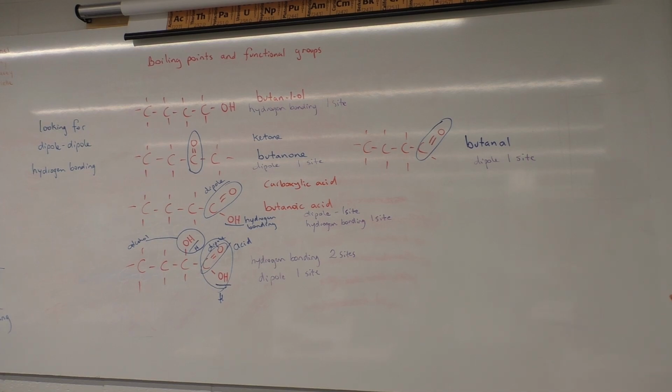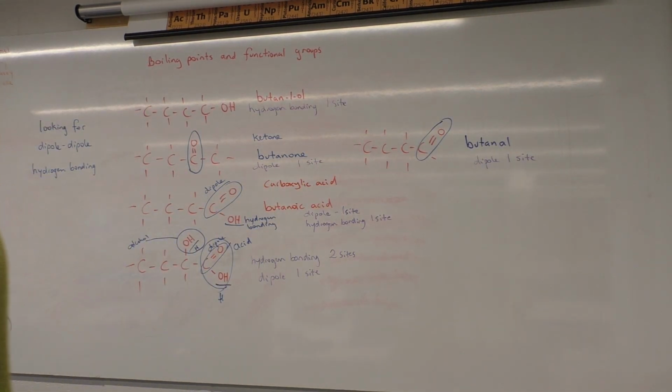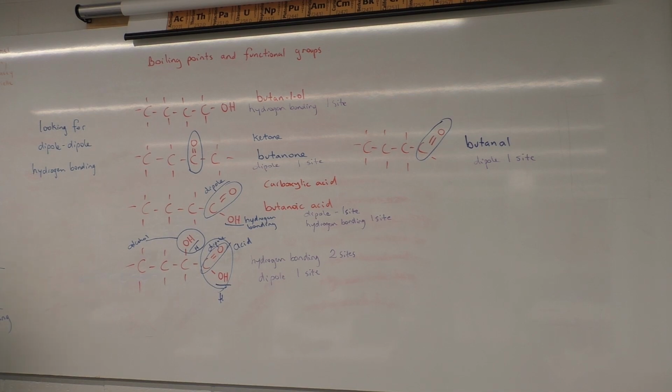So we know that hydrogen bonding is the strongest of the weak intermolecular forces. So things that only have a dipole are going to be the weakest of the attractions and have the lower boiling points. That's going to be our aldehyde and ketone in comparison to our other 3.